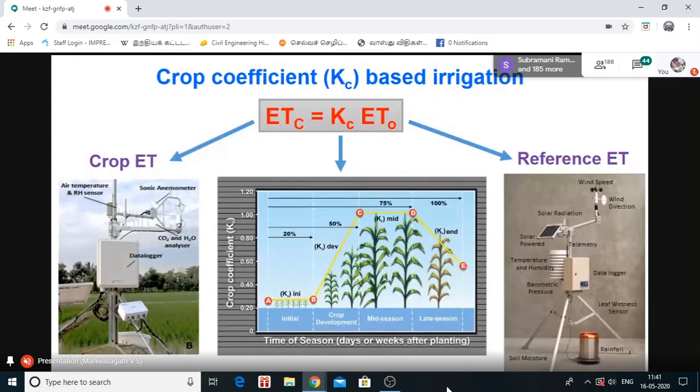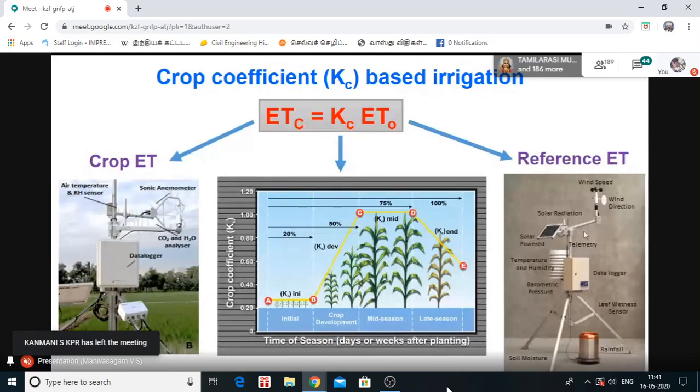If you see the middle, the ETc represents the amount of crop water requirement by the crops. The ETo is the reference evapotranspiration. The reference ET tells how much evaporation is happening in a field under ideal conditions. This can be measured using the weather station.